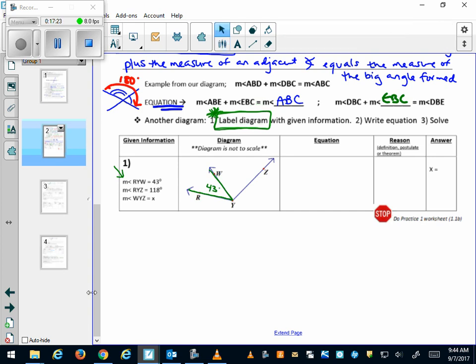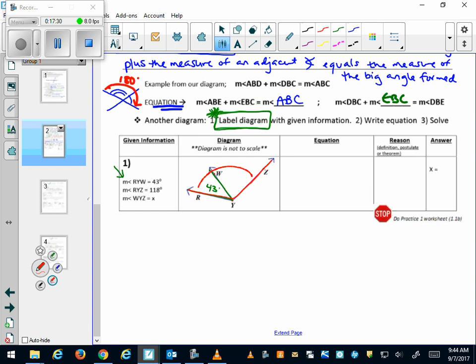RYZ is the whole thing. I want you to label it this way. Don't go around this way. We don't want that. Inside, between these two rays, is 118 degrees. And then they tell you to use X to represent the measure of angle WYZ. So we're going to put an X right here.